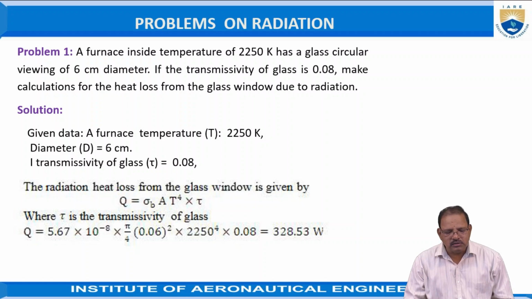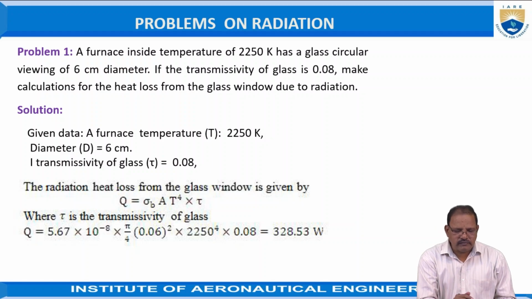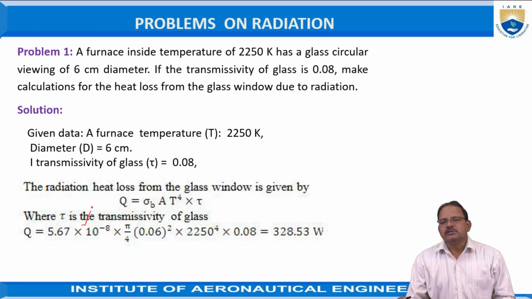Here tau is called transmissibility, which can be defined as the ratio of the amount of heat transmitted to the total radiation of the heat. Now, sigma is the Boltzmann constant, 5.67 into 10 to the power of minus 8.